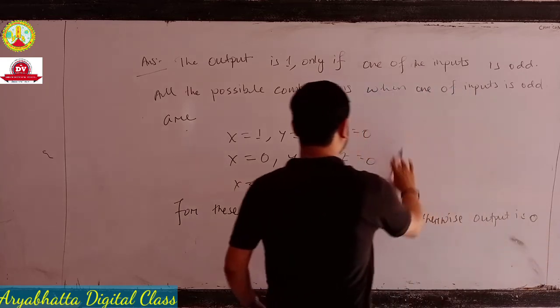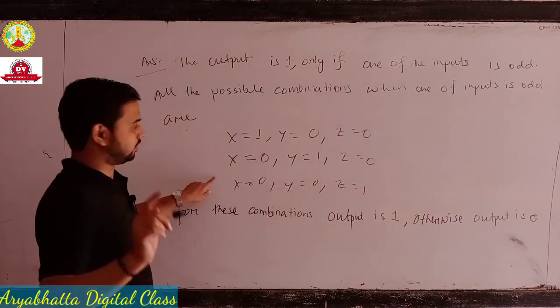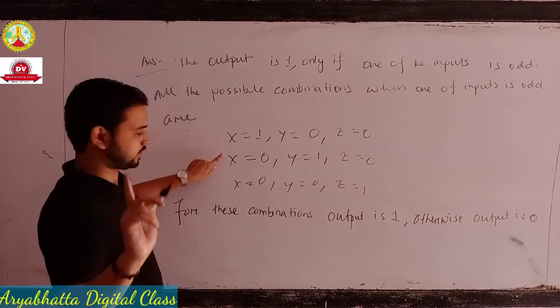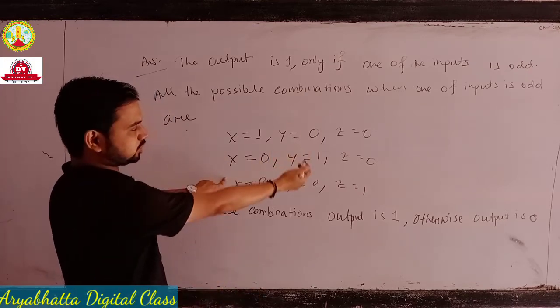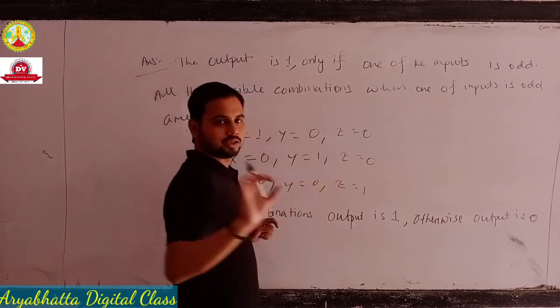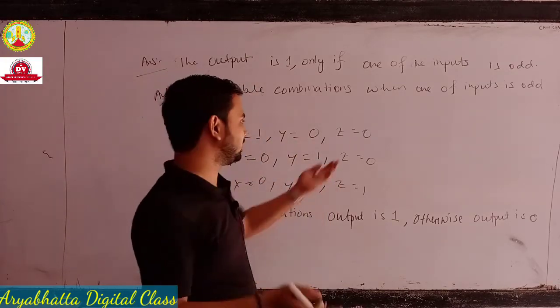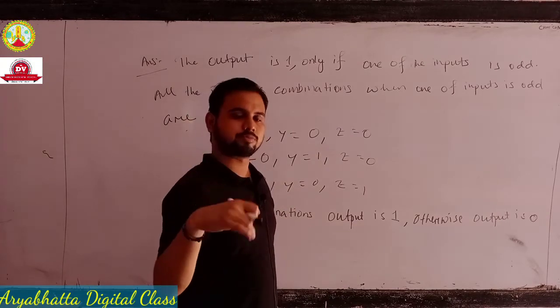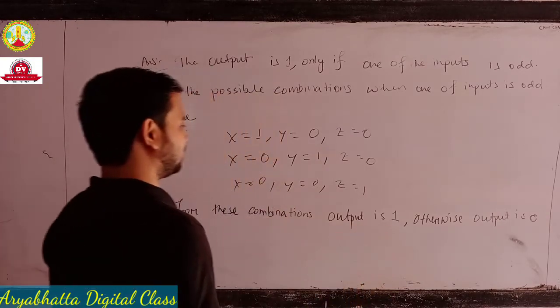This is a possible condition for which the output is 1. For this also the output is 1, for this also, for this also. Other than these possible values, the output is 0. If, suppose, 1 is coming in twice, the number of 1s is even, and even means the output is 0, as per the condition given by the question.